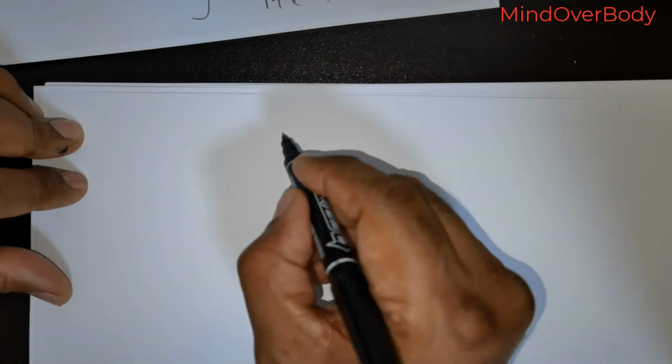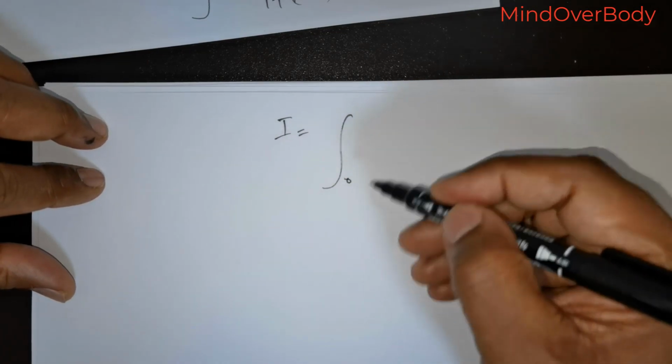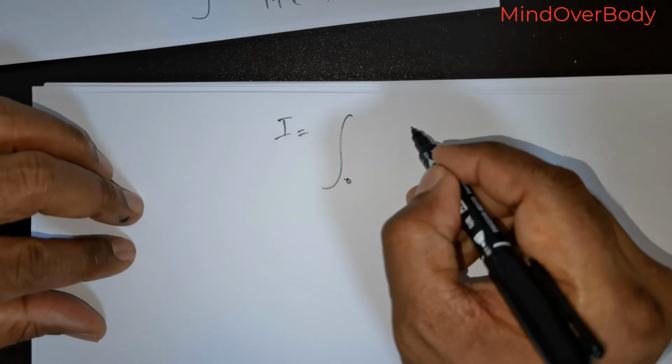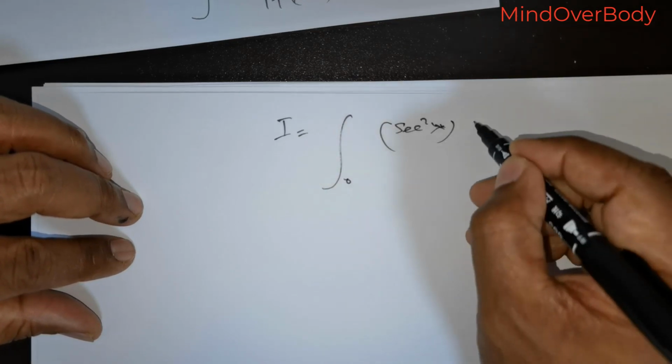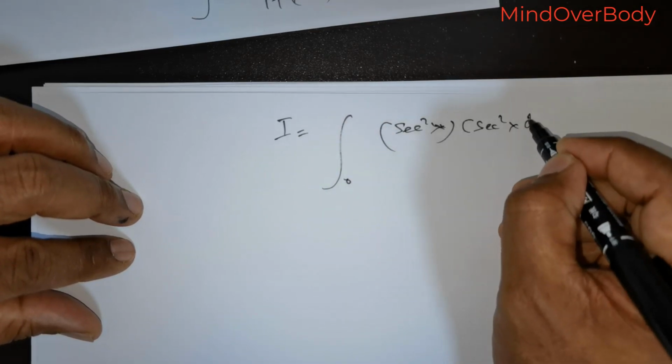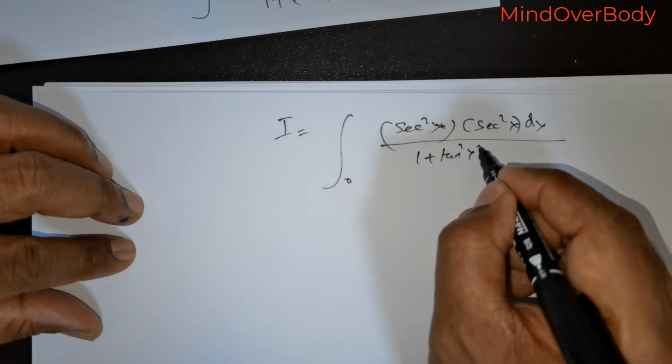So let me move to the other page. So what I've got, I is equal to the integral from 0. I'm not doing anything with the limits, I need to set the limits.